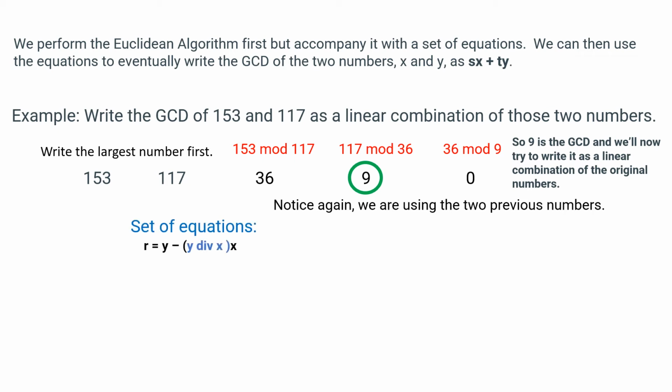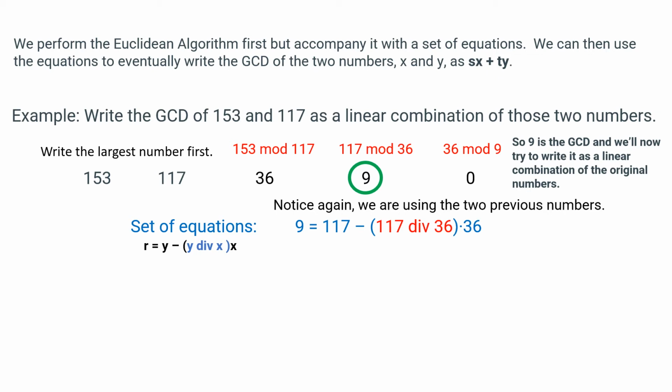We need to remember this equation that we're going to be using for several of the steps. Again, it's r equals y minus y div x times x. We're going to start with this 9 here. Remember, at one point 9 was the r, because we had just taken 117 mod 36 to get that 9. So think about that as the r, and the two previous numbers are the y and the x.